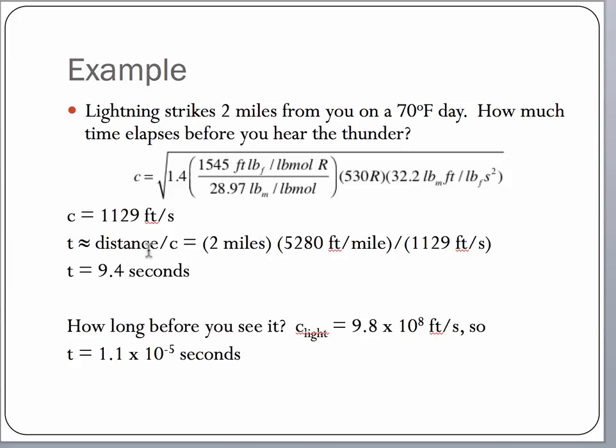Now that distance is about 2 miles, so 5,280 feet per mile times my 2 miles, divided by the speed, is going to take a little less than 10 seconds. But if I calculate how long until I see it, using the same distance divided by speed, the speed of light is 9.8 times 10 to the 8th feet per second. So I'm going to see it in less than 1 times 10 to the minus 5th seconds. So I see it, and then it's nearly 10 seconds before I hear it.